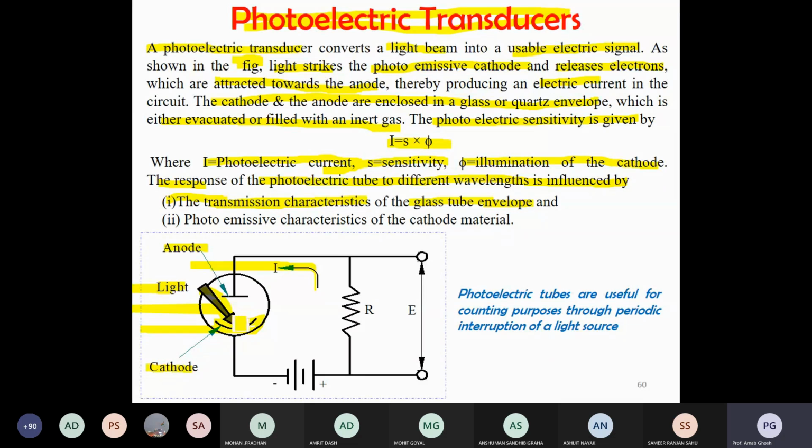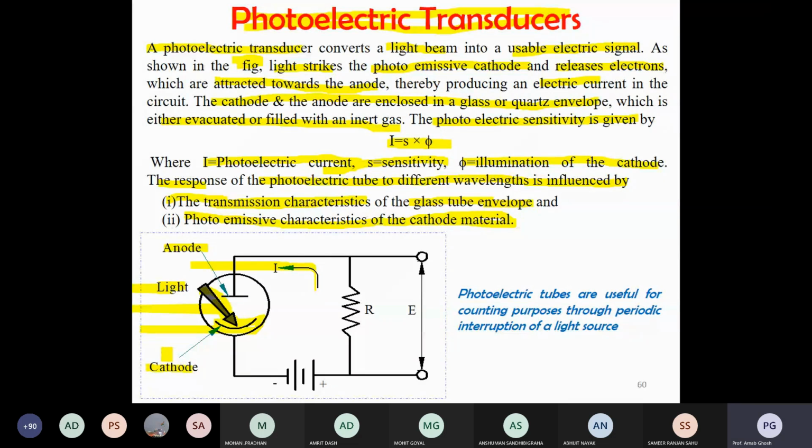And the photoemission characteristics of the cathode material, that I'm telling you. Which type of material you use for designing the cathode decides the efficiency of the photoemission.